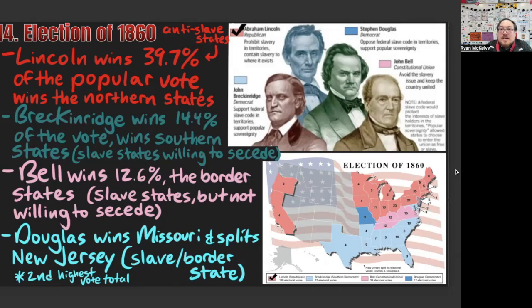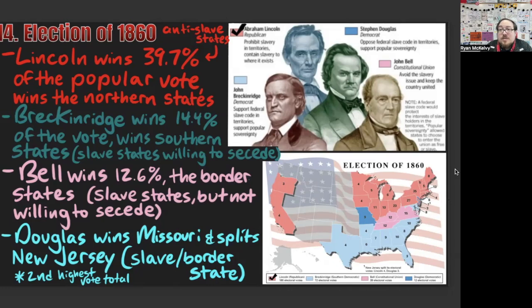And so the most populous states in the South that voted for Breckinridge were North Carolina and Georgia, versus places like Pennsylvania, which has more than double, almost triple, and New York, which has triple the population at the time, voting for Lincoln. But Douglas will get the second most votes overall, but he will have very, very few actual electoral votes because of the way that our system works.